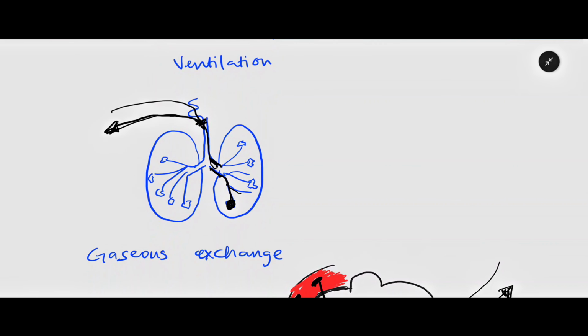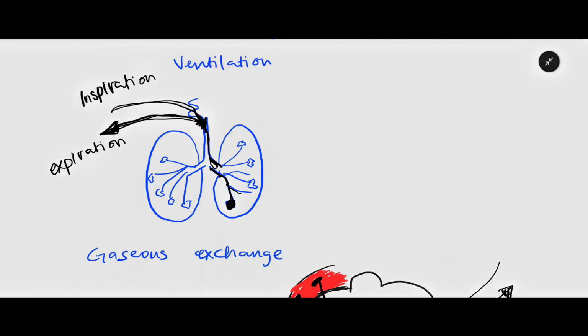Step number 1, ventilation. This is simply where air moves into the lungs and air moves out of the lungs. So, air moving into the lungs, we call that inspiration. And air moving out of the lung, we call that expiration.